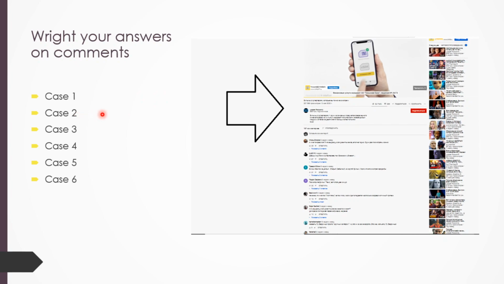Case number 2, it is appendicitis. Case number 3, it is cholecystitis. Case number 4, it is something else, and what you need to do. Please write how you wrote it in your copybook in the comments below the video. It's interesting for me to understand how you understand it now and what you don't understand.